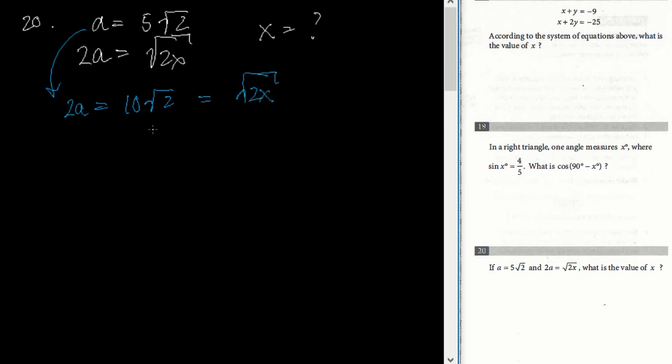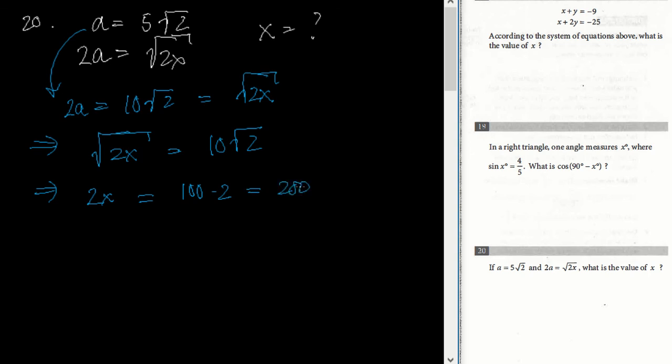So that must mean that these two are equal, right? So square root of 2x is equal to 10 square root of 2. And now we can square both sides, right? So this is going to be 2x. So in order to square something like this, this is going to be 100 times 2, which is equal to 200.